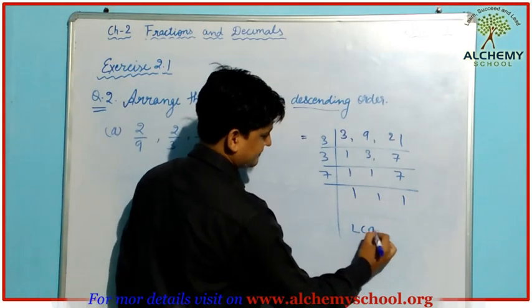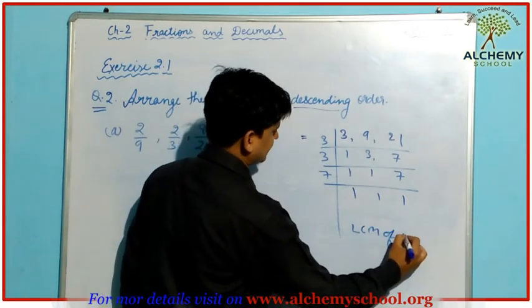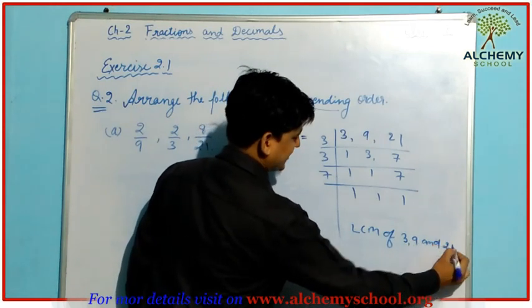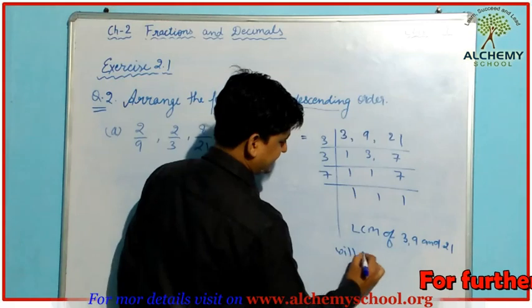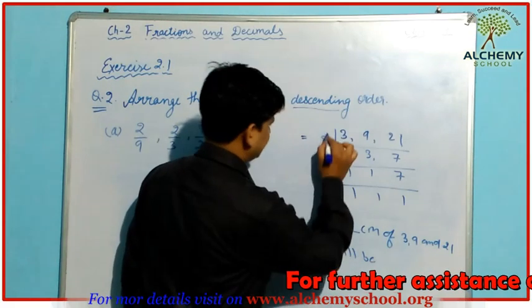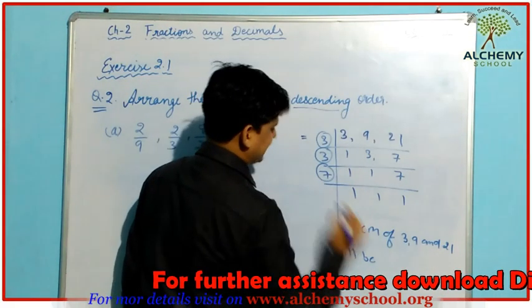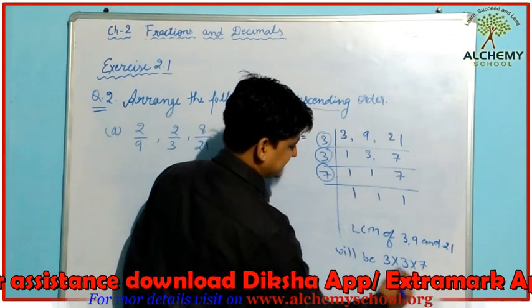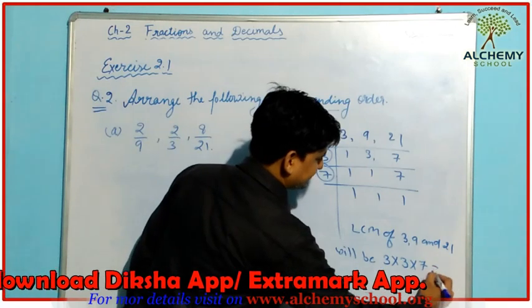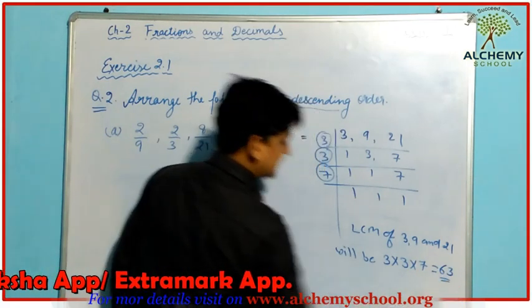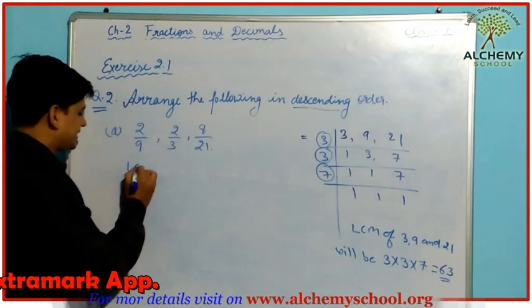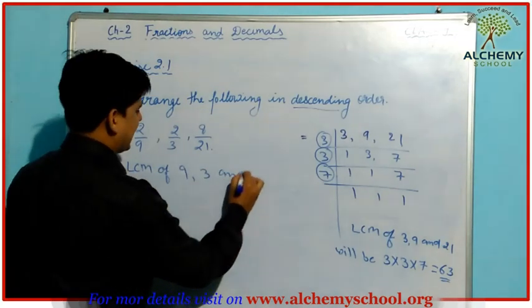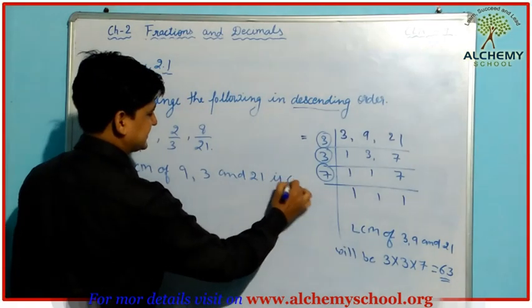So the LCM of 3, 9 and 21 will be 3 into 3 into 7. 3 3s are 9, 9 7s are 63. So the LCM of 9, 3 and 21 is 63.